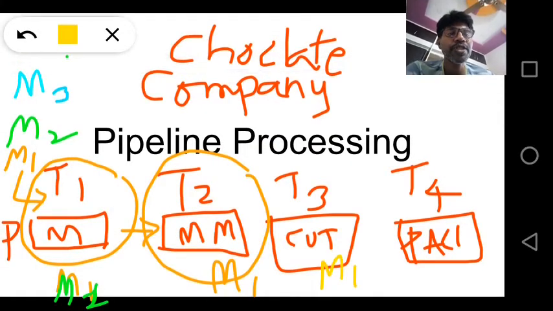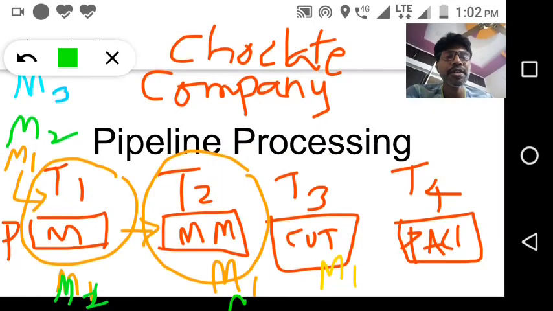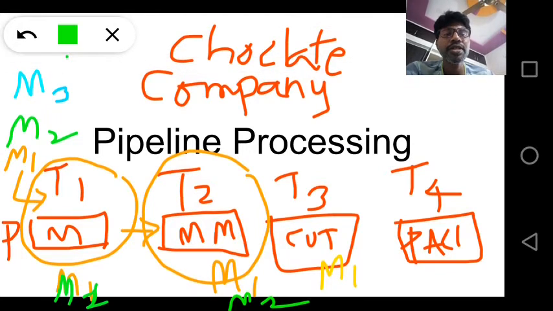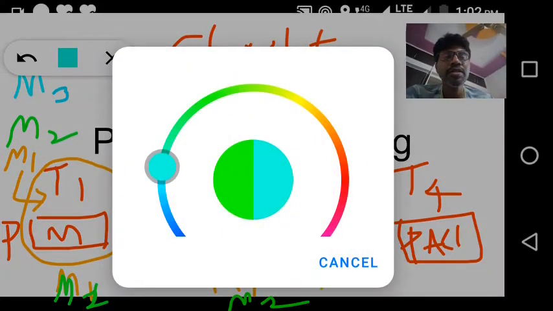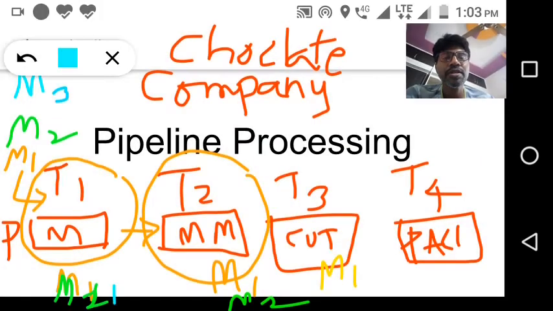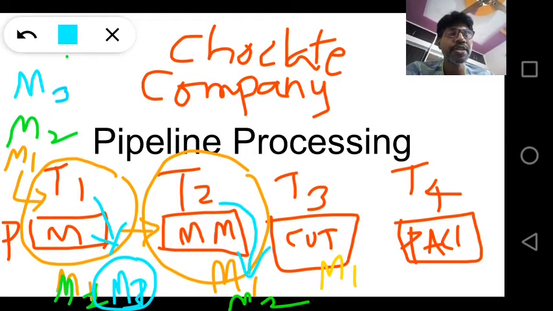So M1 is now here. Next M2 is here. Next M3. When T1 is preparing material 3, T2 is doing mixing for material 2, T3 is cutting material 1.